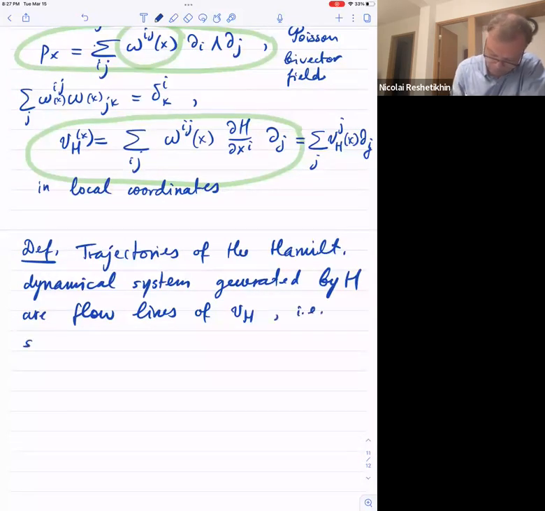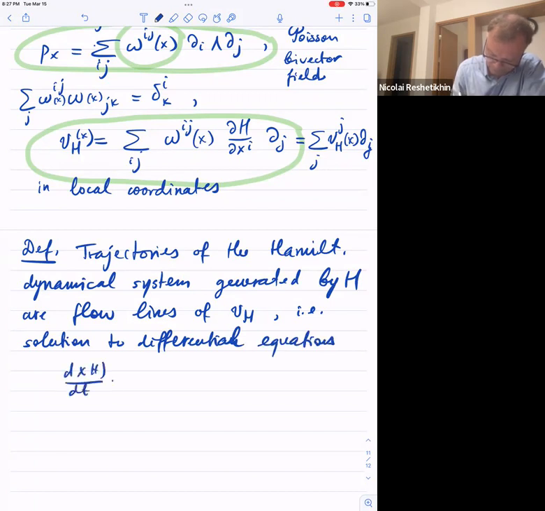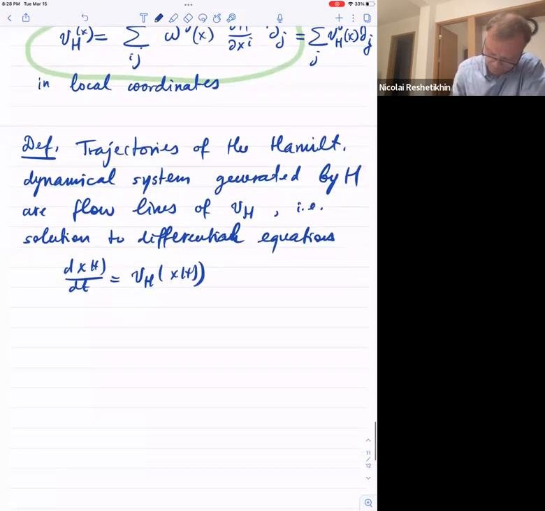In other words, solutions to differential equations dx(t)/dt is equal to V_H(x(t)), or in coordinates dx^i(t)/dt is equal to V^i(x(t)).